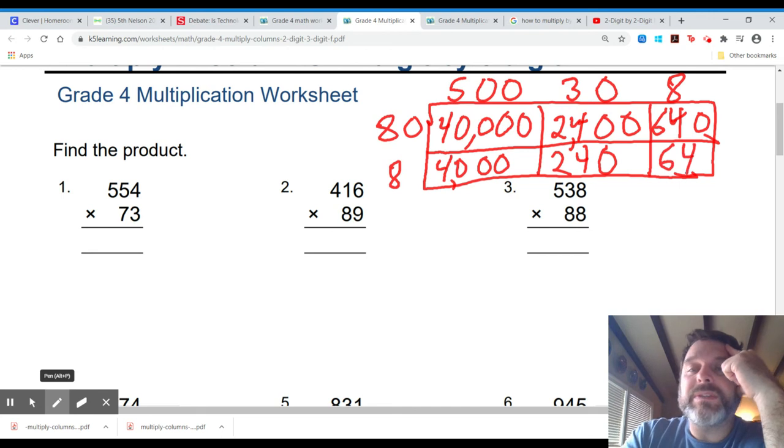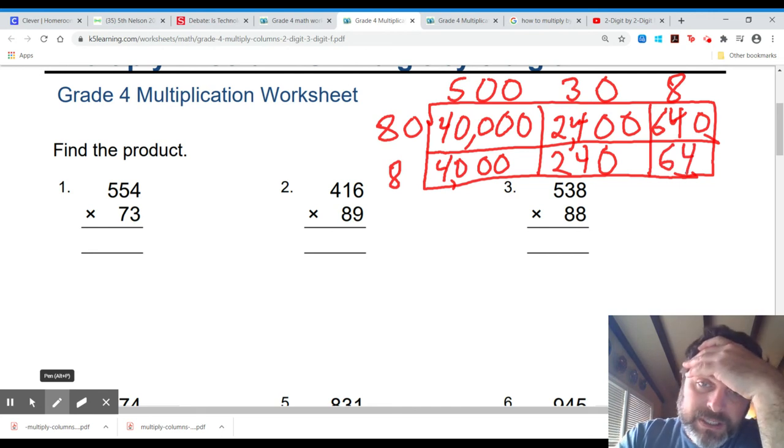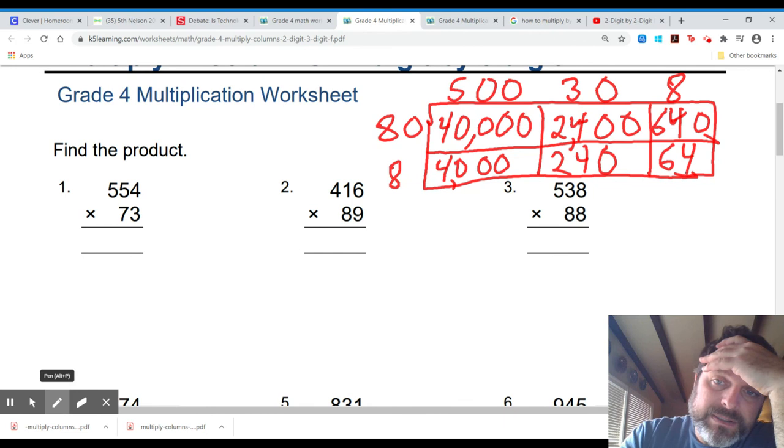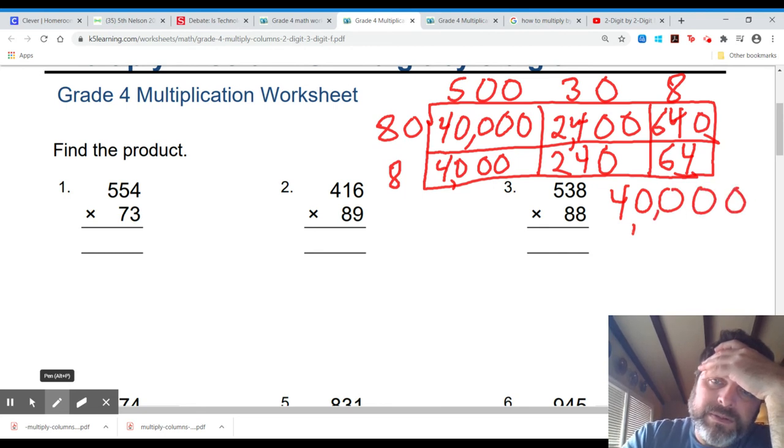Now the thing is you have to add up all of these numbers. So if I added them all up, I got to go 40,000. All right. And then I got 4,000. And I got 2,400.